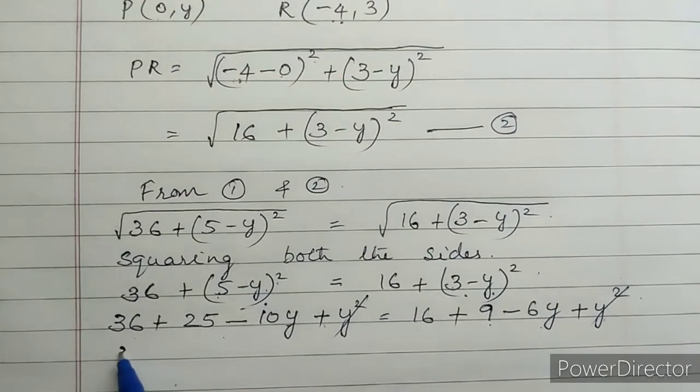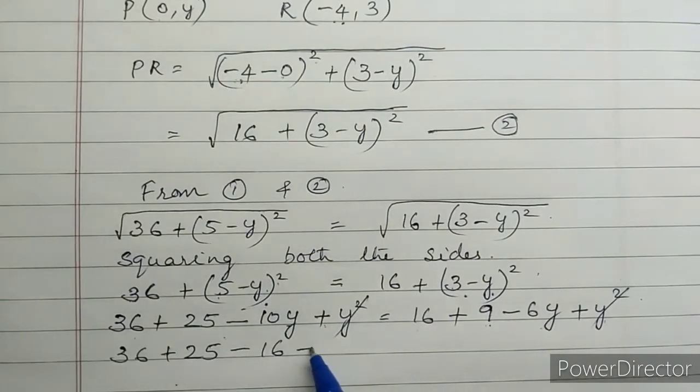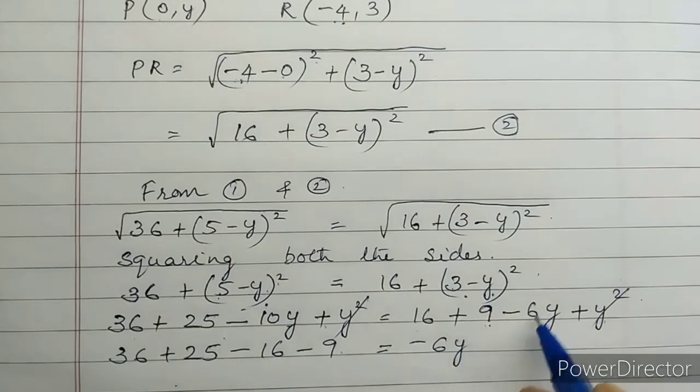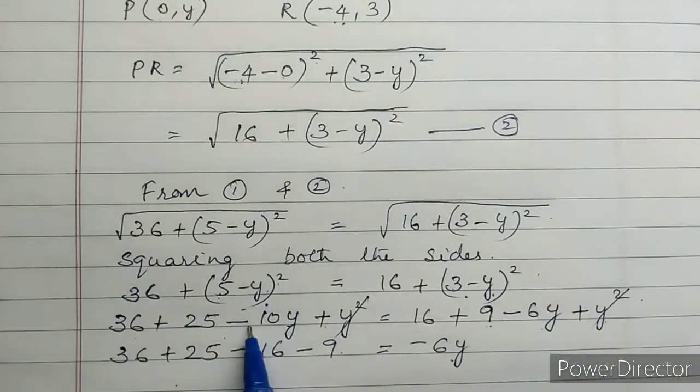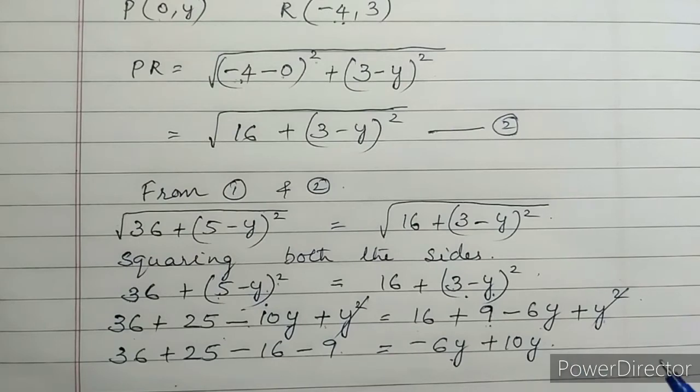So it is 36 plus 25, here only no change. 16 plus 9 you bring it to this side, so negative 16 minus 9, both also will change the sign, equals minus 6y, same thing, no change of sign because we are not changing the places. So here minus 10y will go to the other side, it will become plus 10y.